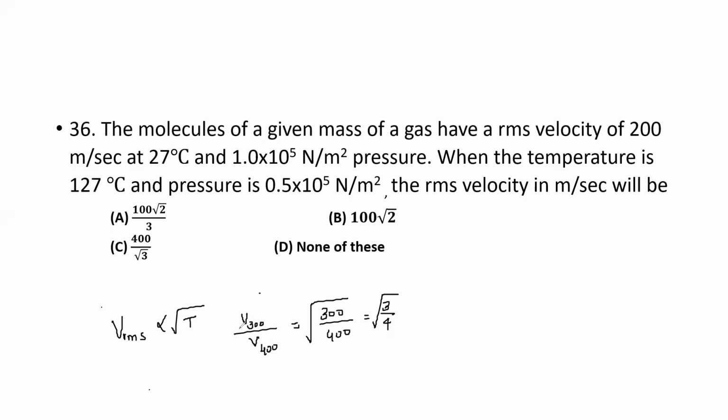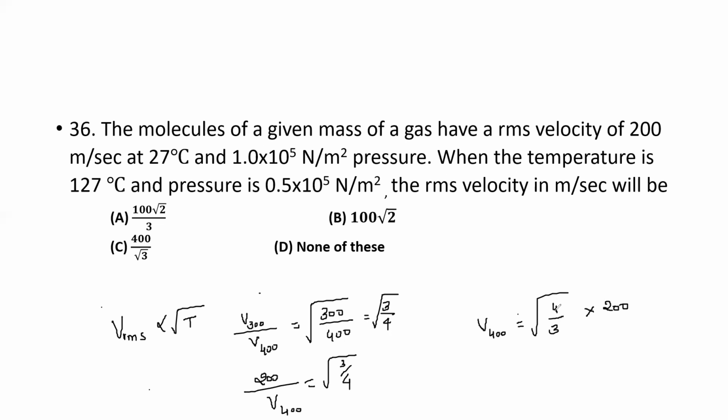this value is given. It is 200 divided by V of 400 is equal to under root of 3 divided by 4. Therefore, we can write V as root of 4 by 3 into 200.